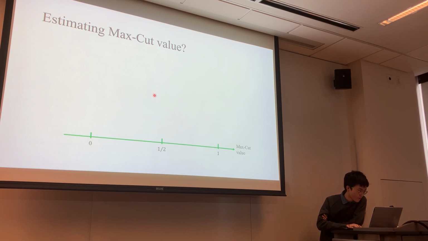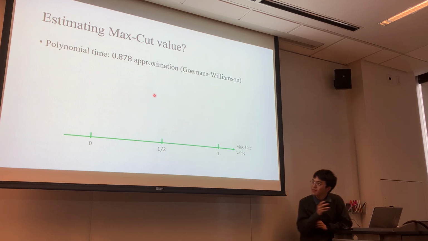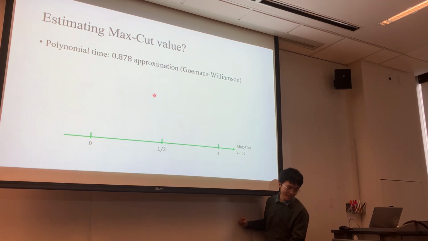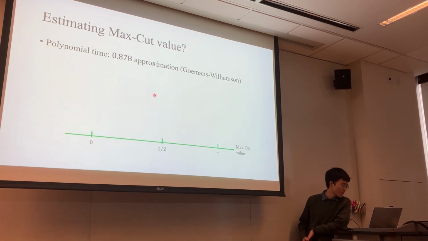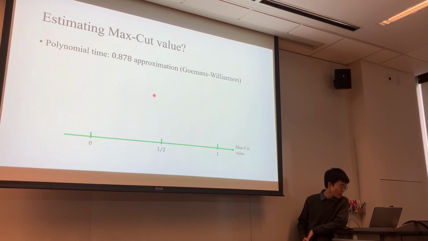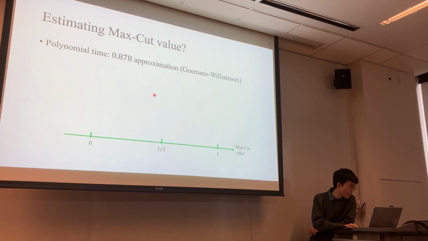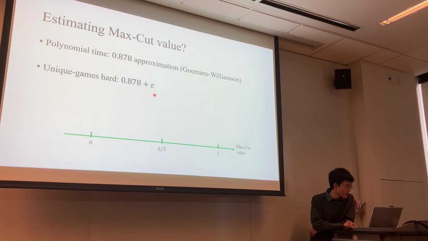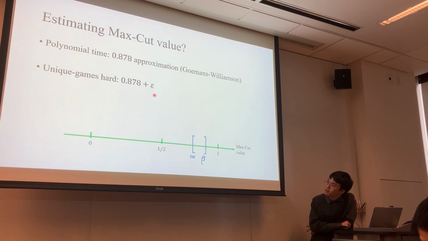We know that for every graph, the max cut value must lie in this interval, and there's a famous Goemans-Williamson algorithm that runs in polynomial time and gives a 0.878 approximation, and under the unique games conjecture, it is NP-hard to do better than this ratio. In other words, the best we can do in polynomial time, given an input graph, is to pin down its max cut value to an interval whose left endpoint and right endpoint have a ratio of 0.878.